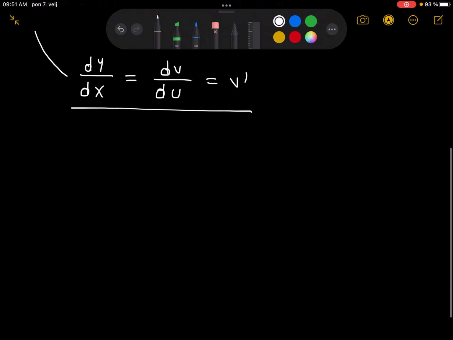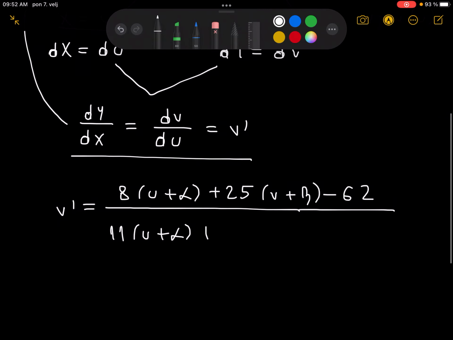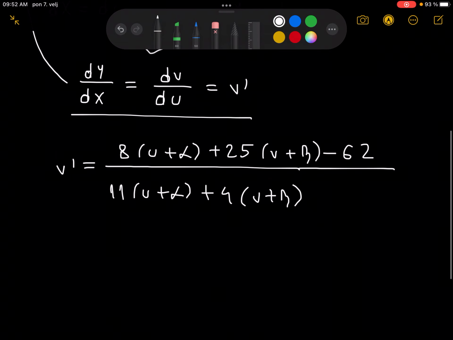So we'll get that v prime is equal to 8 times x, but instead of x we'll put in u plus alpha, plus 25 times y, but instead of y we'll put in v plus beta, and minus 62, everything over 11 times u plus alpha, plus 4 times v plus beta, minus 11.